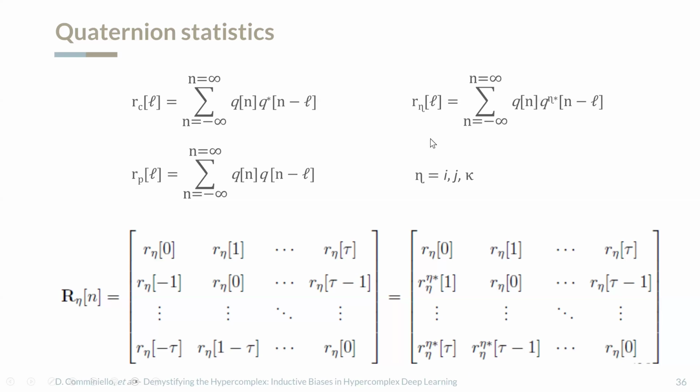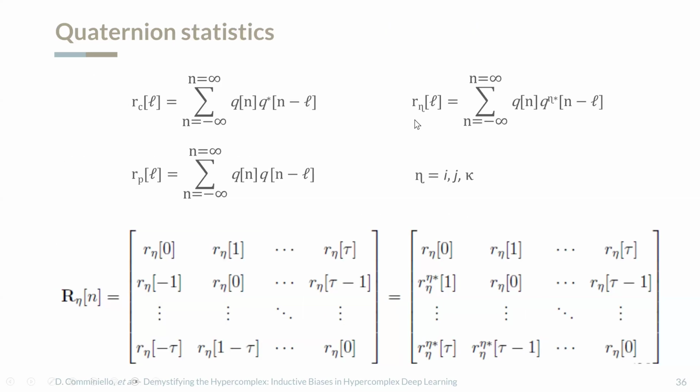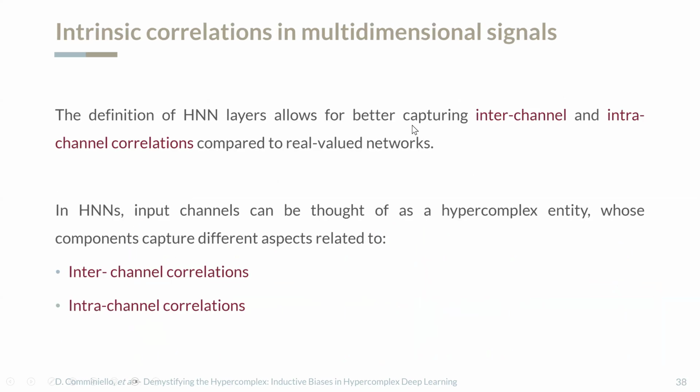Apart from that, I won't go into details of quaternion statistics, but of course, we can study the statistics and the correlations directly in the quaternion domain. But given all the mathematical and statistical theories, we can say that the definition of the layers of a neural network in the hypercomplex domain can help to capture interchannel and intrachannel correlation better than real-valued networks.